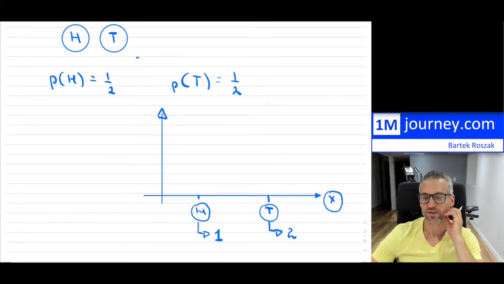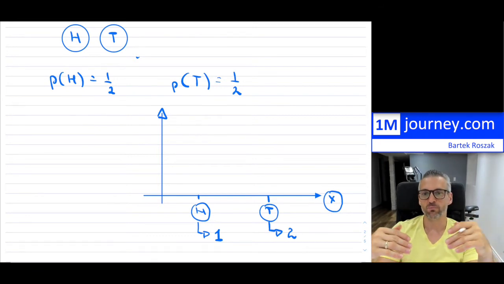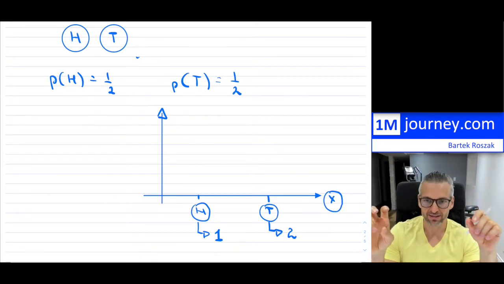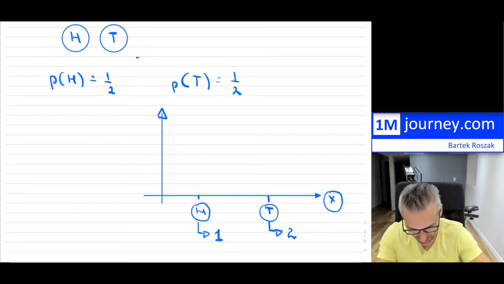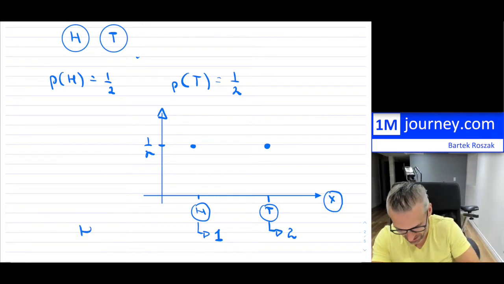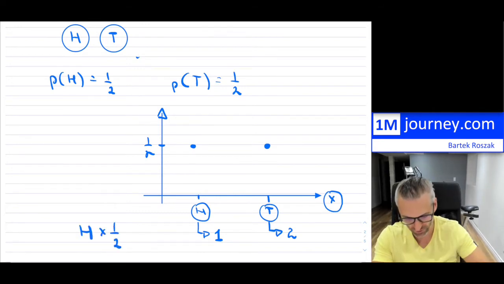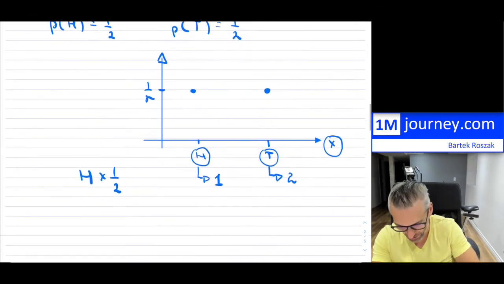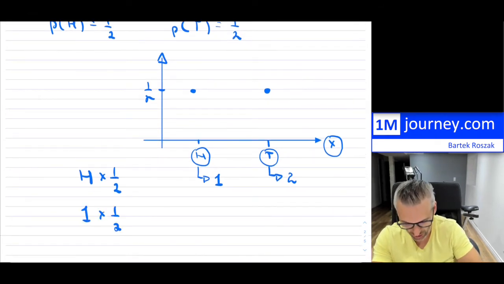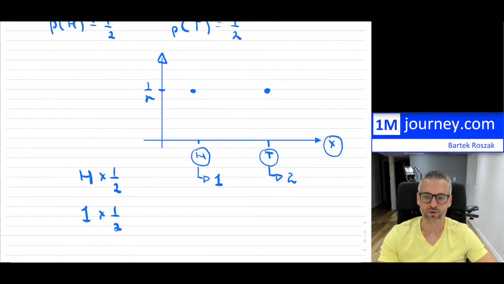Later on, if you're doing any calculations, you can't really multiply heads times its probability of 1/2. That is meaningless. But if we assign a number like 1, then we can actually do a computation.